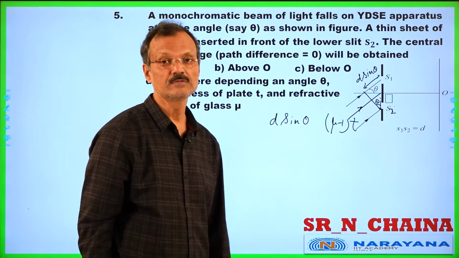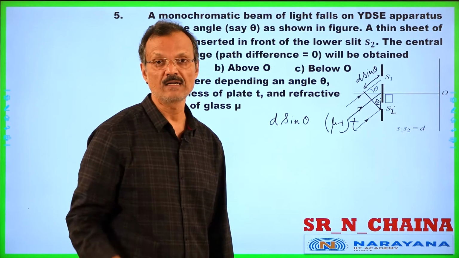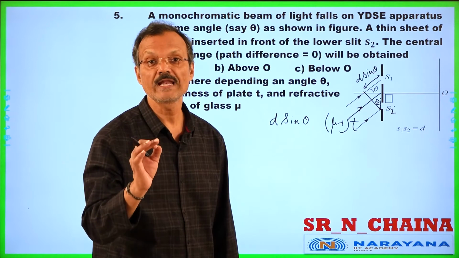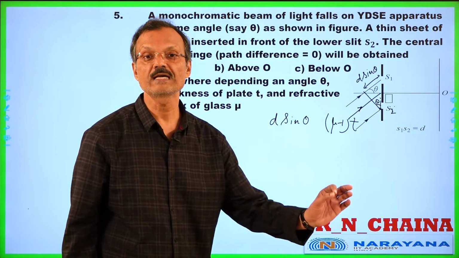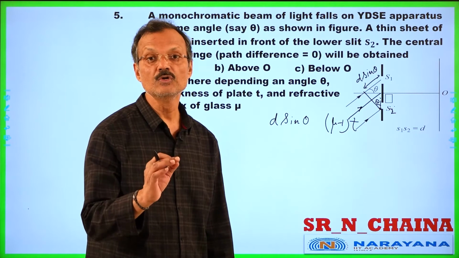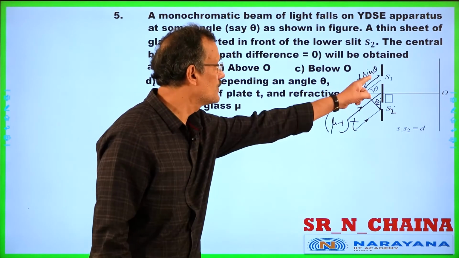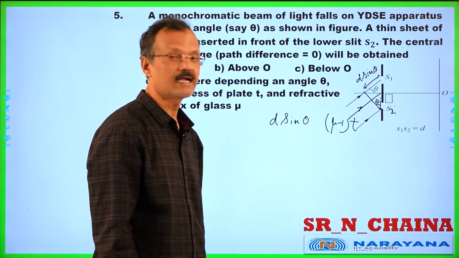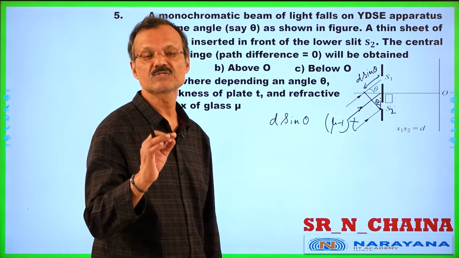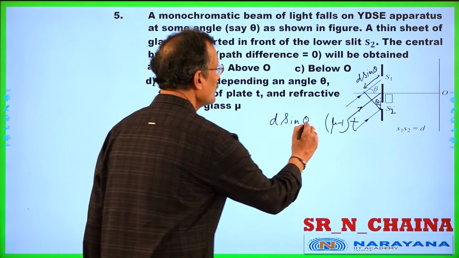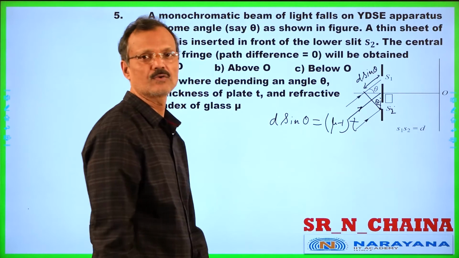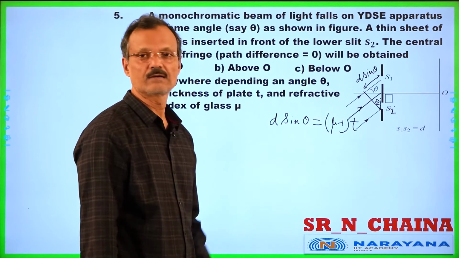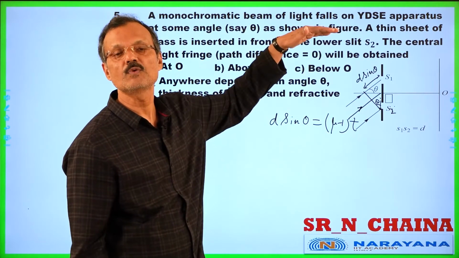I have told you, for central maxima, the paths traveled by light, by the coherent waves emanated from S1 and S2, should be equal. This one is traveling additional path d sine theta, and this one is traveling additional path mu minus 1 into t. If these two are equal, at O you are getting central maxima. If this is greater, the central fringe will shift upward.